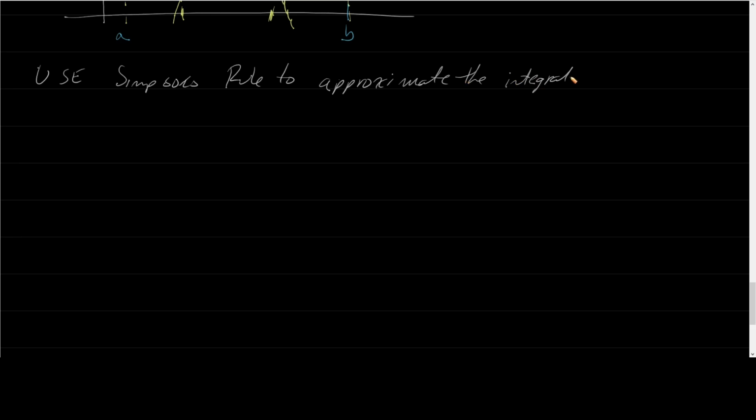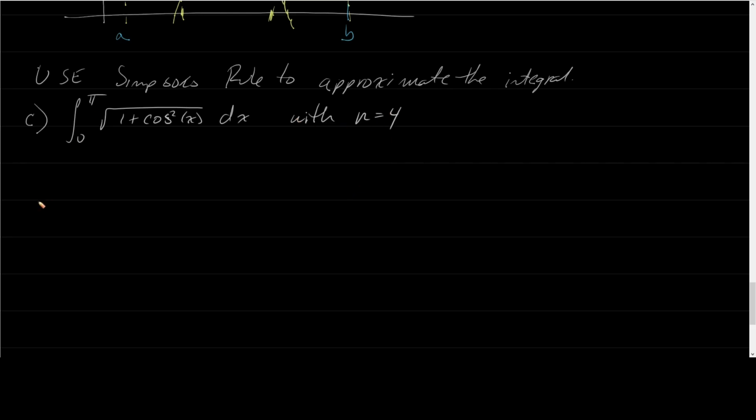So this is C, and we're going to do the integral from 0 to pi of the square root of 1 plus cosine squared of x dx. Notice that there's nothing I can do to really integrate this, because 1 plus cosine squared is not a trig identity, so we cannot rewrite that. And here we're going to do it with n equals 4.